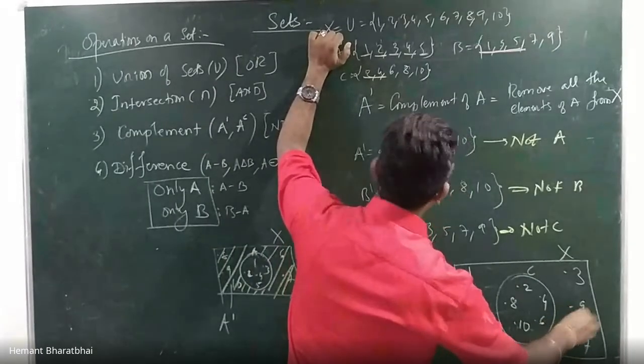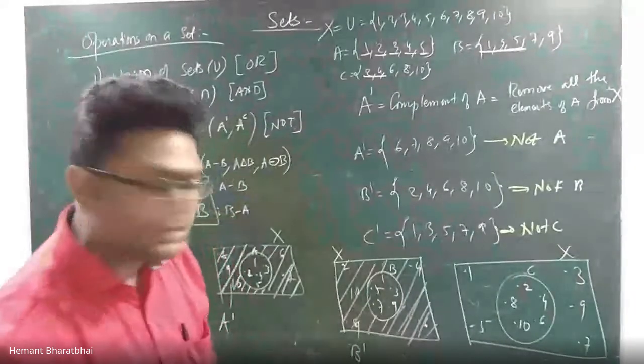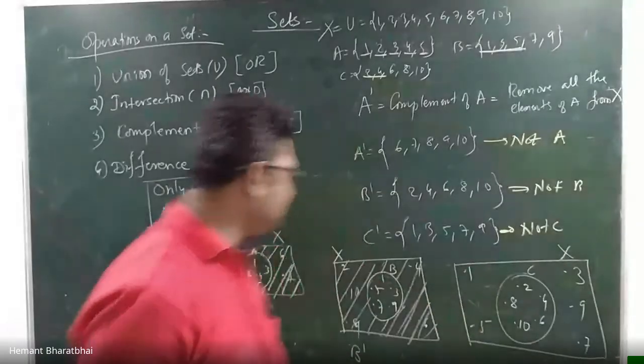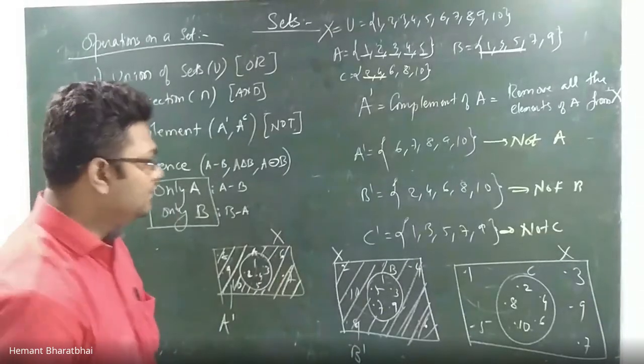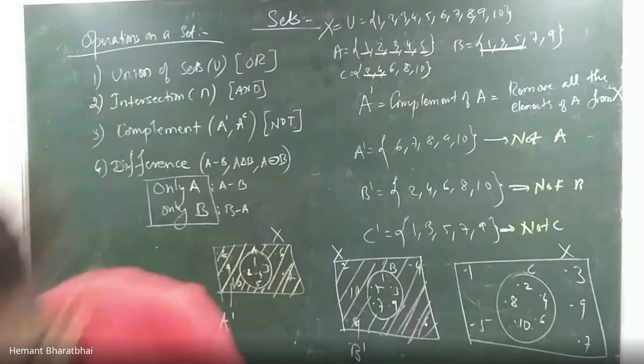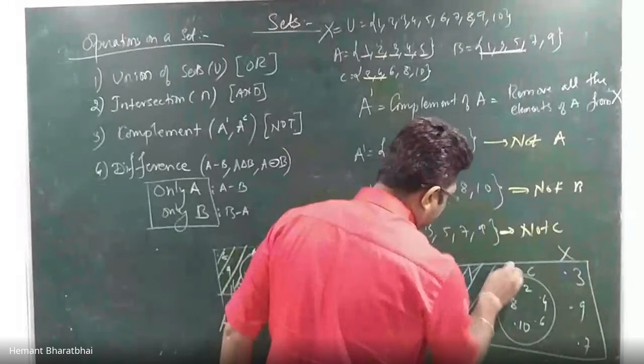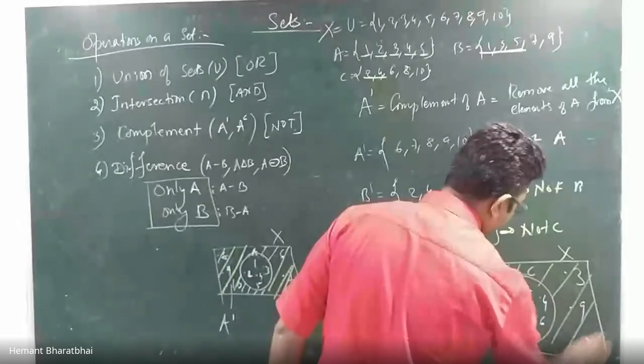These numbers are not there in C, so those are written over here. So the complement also has those elements only: 1, 3, 5, 7, and 9. So I'll shade that portion where I'm having 1, 3, 5, 7, and 9. So this shaded portion is nothing but my C complement.